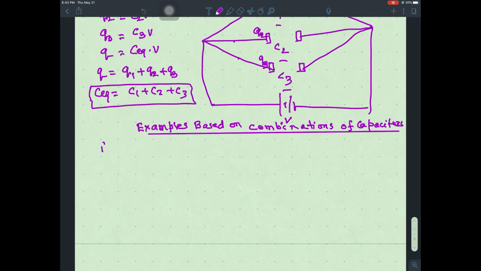First question is in this way, that there is a capacitor which is connected with the other capacitor, and this combination is connected to the other capacitor.